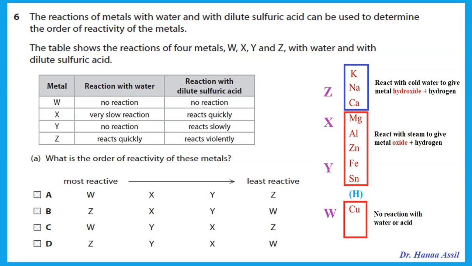So X would be more reactive than W. Y, no reaction with water and reacts slowly with acid. So Y is somewhere in between. And Z reacts quickly with water, violently with sulfuric acid. So Z must be the most reactive of these. So this would be the order. And please note, is he telling you to arrange it from most reactive to least or the other way around? So this is the correct order.